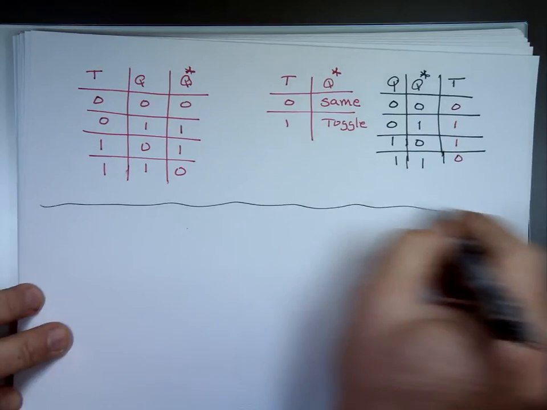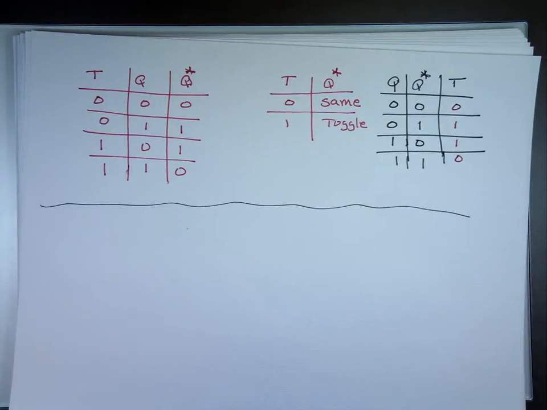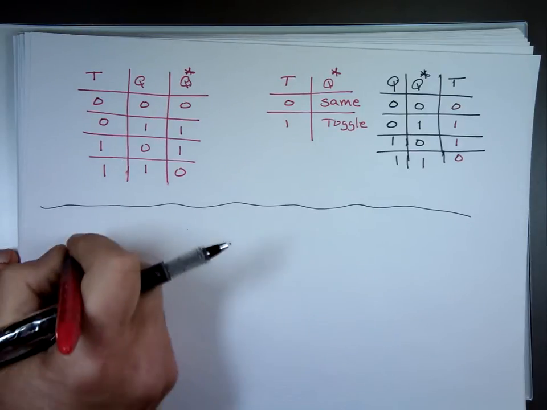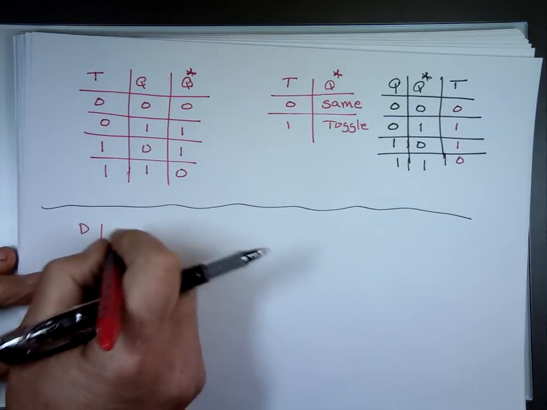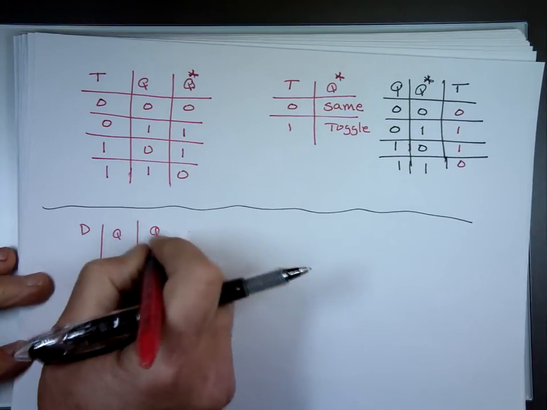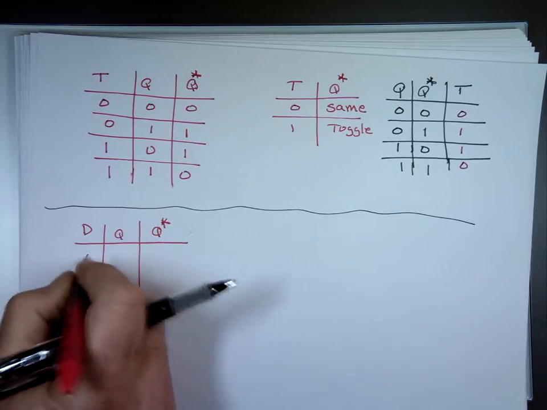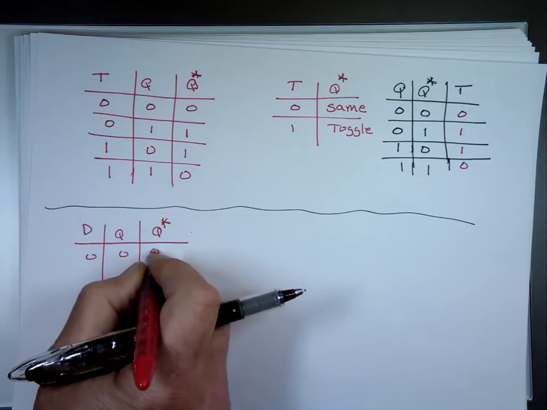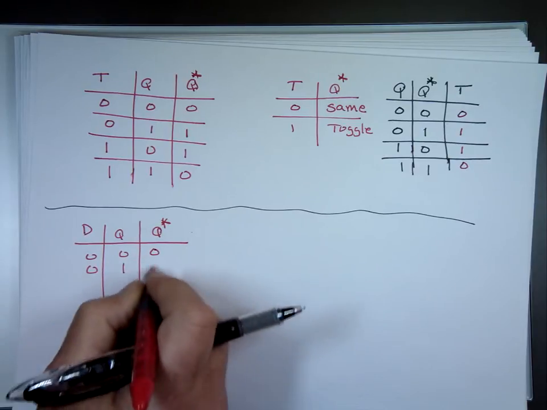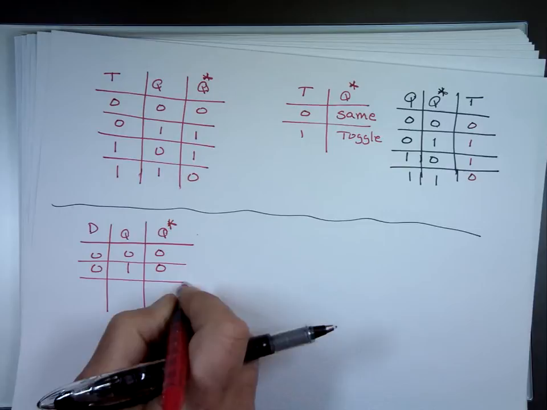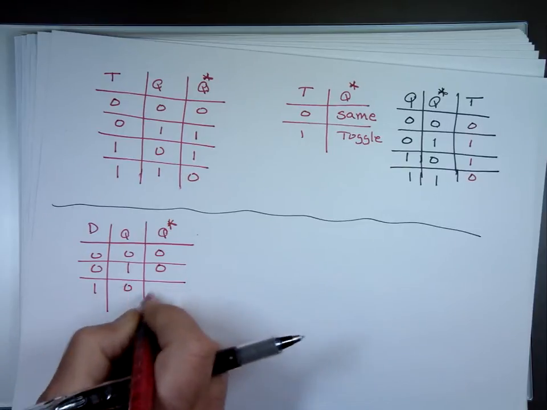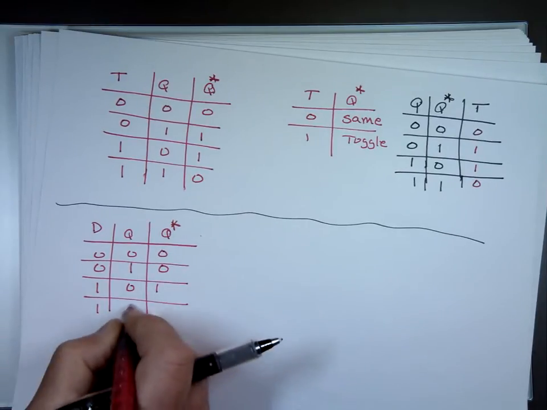Let's look at the D flip-flop, data flip-flop. It follows the data. That's where the name came from. In our book, that was page 373. D, Q, Q next. 0, 0, it's 0. 0, 1, it's 0. 1, 0, it's 1. 1, 1, it's 1.